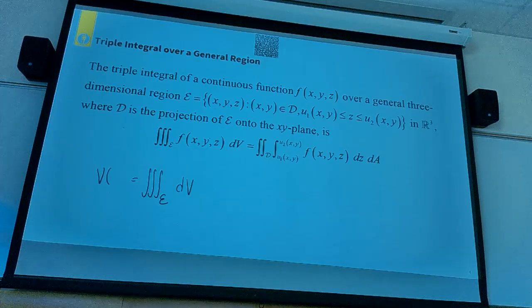Oh, W? Because it would be the 4th dimension. Volume of what? You're overthinking it. What are you integrating over? The function. That's what you integrate. What are you integrating over? What's your domain of integration? Is it not W? In this case, E, we also use W. But it's just the volume of whatever the region is that you're integrating over. It's the volume of the solid that you're integrating over.